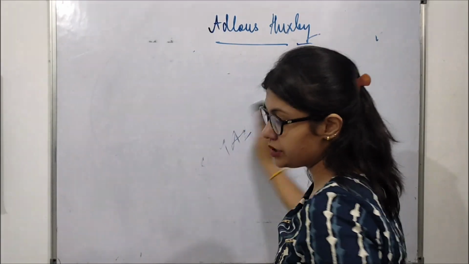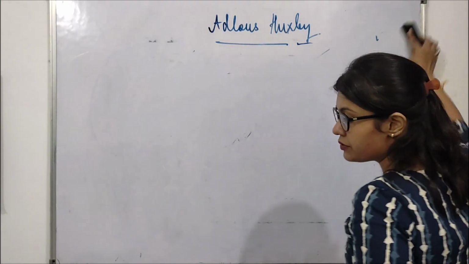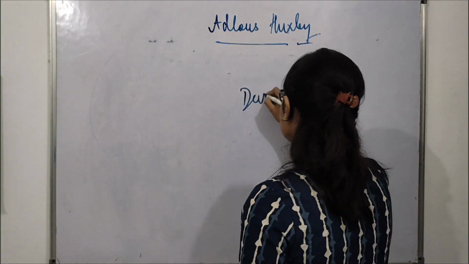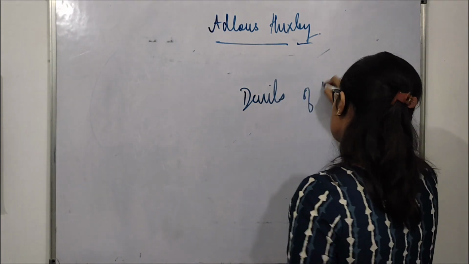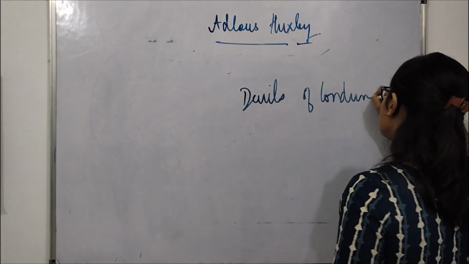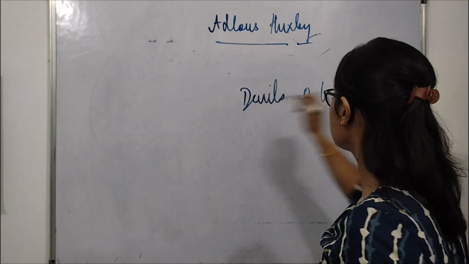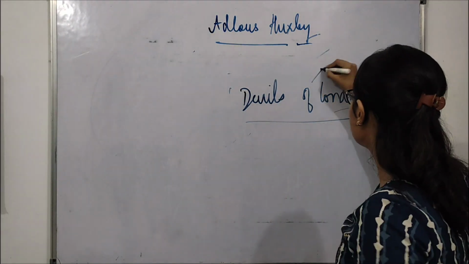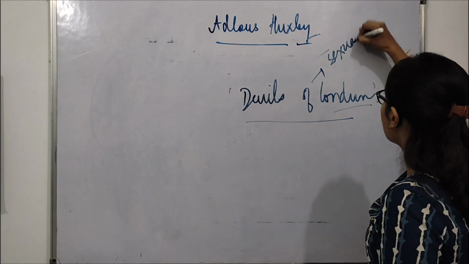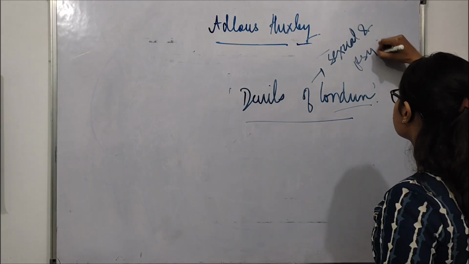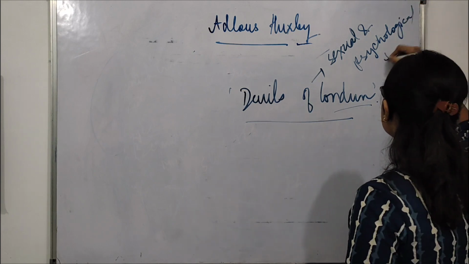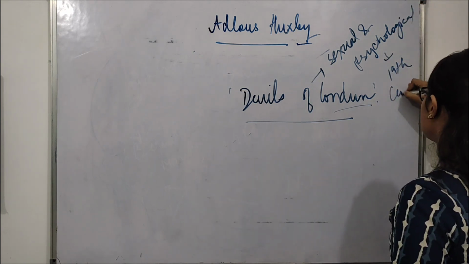Now the next book that we are going to talk about is Devils of London. Now this book, London is spelled this way in the book. This talked about the sexual and psychological harassment of people in London in the 19th century.